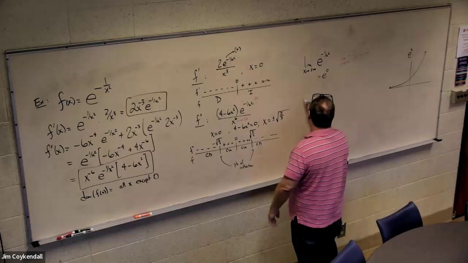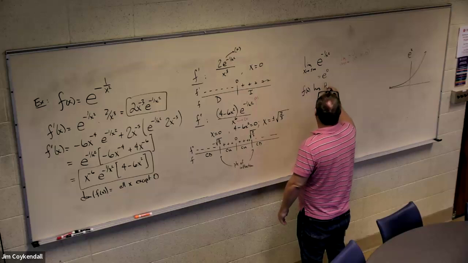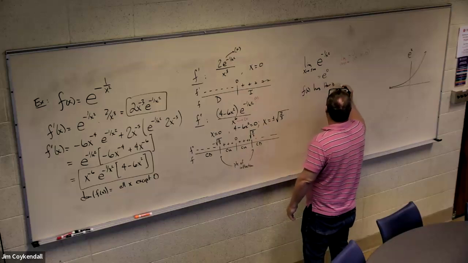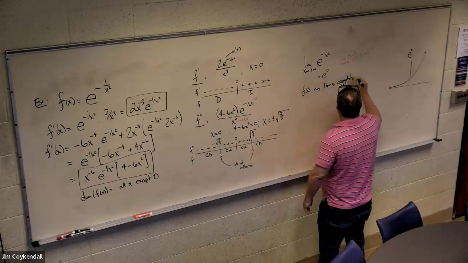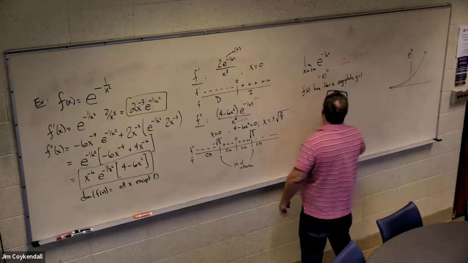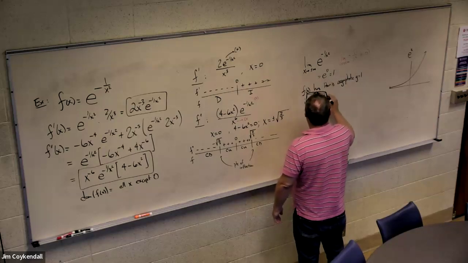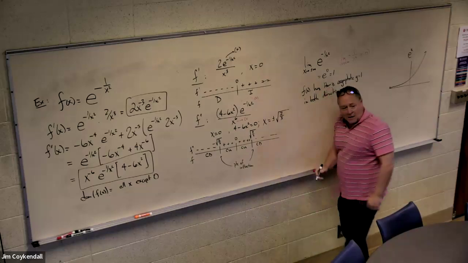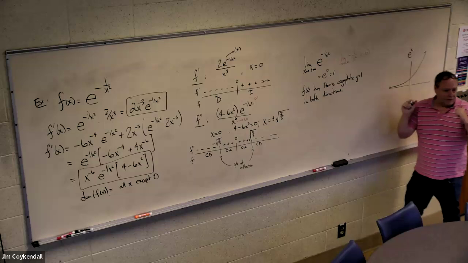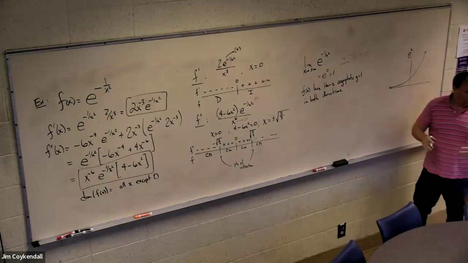So f of x has a horizontal asymptote, y equals 1, in both directions. So as you go far off to infinity or negative infinity, the y coordinate should be getting closer and closer to 1.